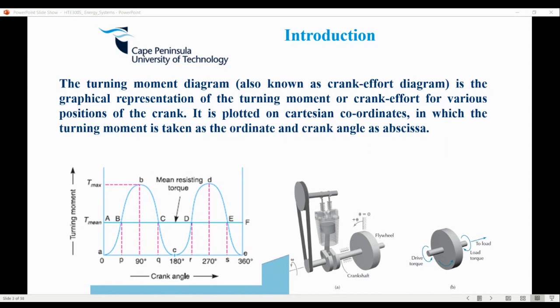The central premise of this whole chapter is that your input torque, your drive torque, is fluctuating constantly, and obviously we require a constant torque on our output side. But on our input side, because our torque is fluctuating, there are times when we have excess torque and times when we have a deficit. So in times of excess, we store energy in the flywheel, and in times of deficit, we release energy from the flywheel. Does it make sense?